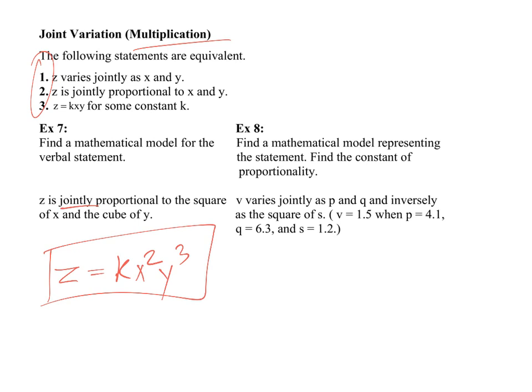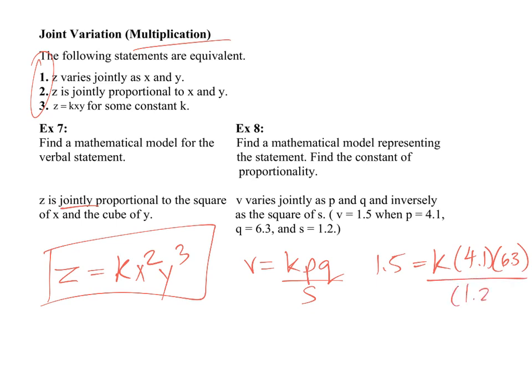And for the next one, find a mathematical model representing the statement, and find the constant of proportionality. V varies jointly as P and Q, and inversely as the square of S. So inversely means I'm dividing. Let's just replace this with some values now. I have 1.5 is equal to k. I'm solving for k now based on the information that they gave me. Divided by 1.2.